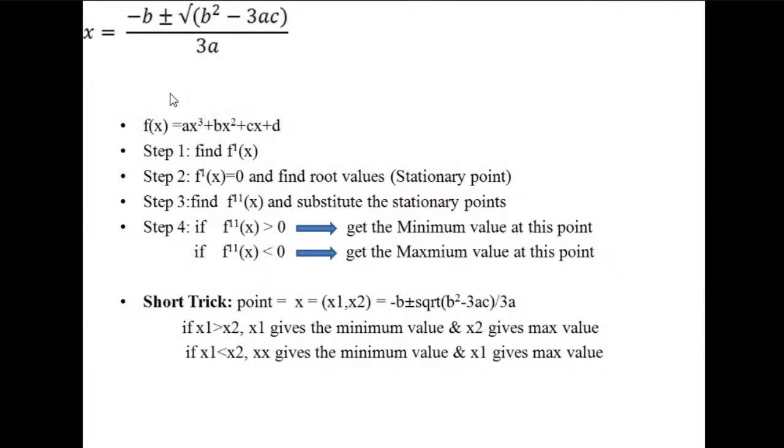If x1 is greater than x2, which one is the highest value? The highest value gives the minimum value and the lowest value gives the maximum value. So x1 is greater than x2: x1 gives the minimum value and x2 gives the maximum value.